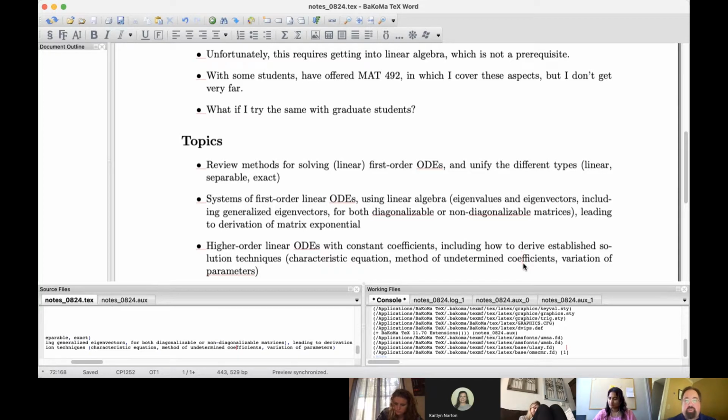Well, in this class, you're going to find out exactly why it works. These methods will be derived from nothing, but using what's covered prior. Okay. So that's the plan. We'll see how this goes.